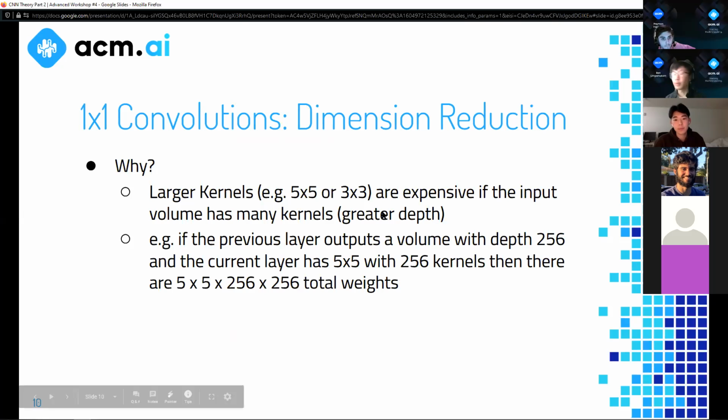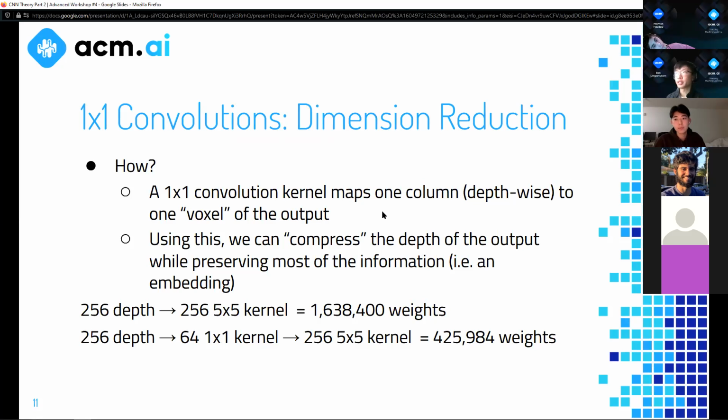So, dimension reduction. What the one-by-one convolutions do is map a single depth column into a single pixel or voxel of the output. In this sense, we're compressing the depth of the input.